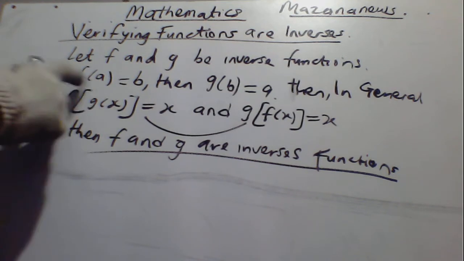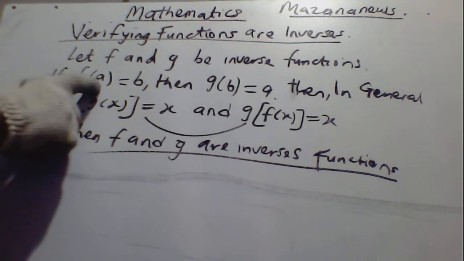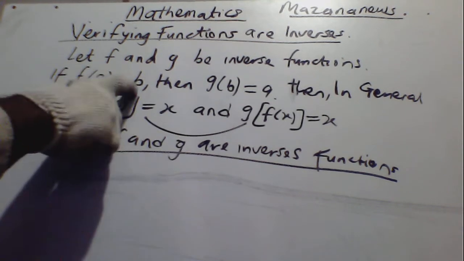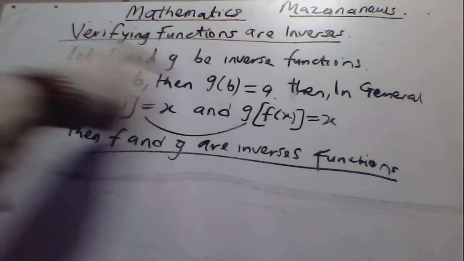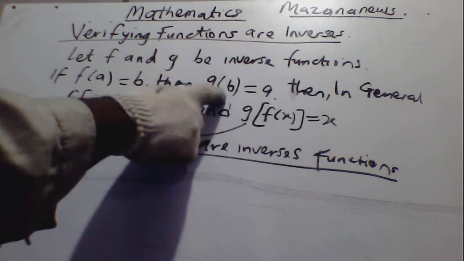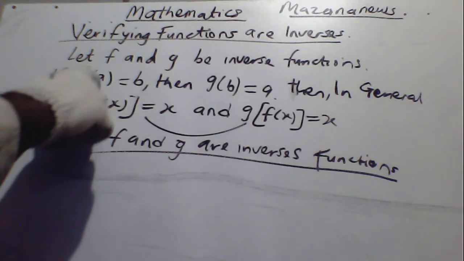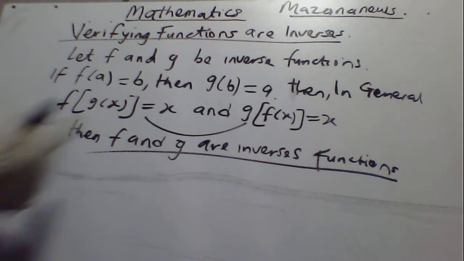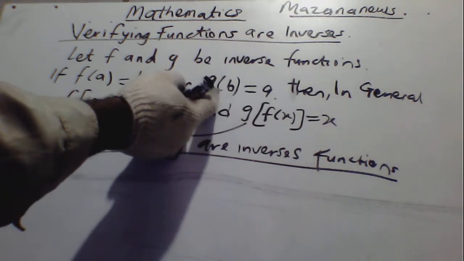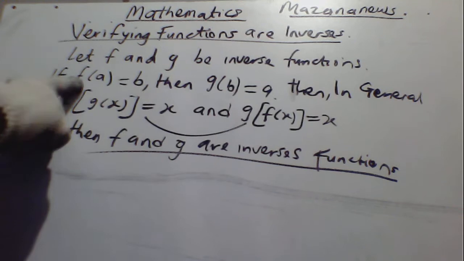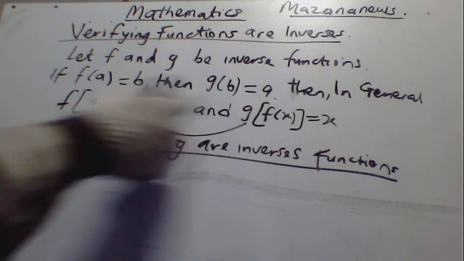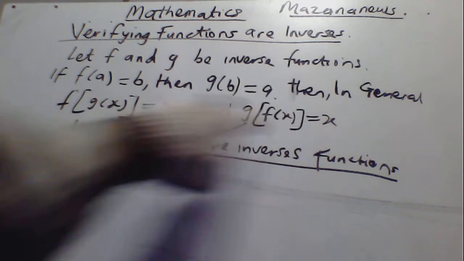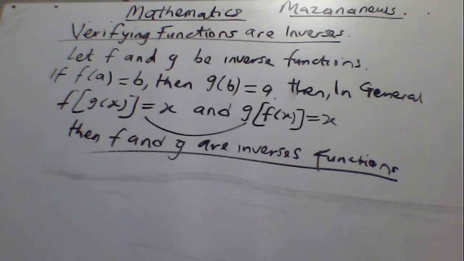So if f of a gives b, and the inverse of f with b gives back the original input, then these two are inverses of each other. In that case, if I put g into f, the result gives me x, and I put f into g, and the result gives me x, then f and g are inverse functions.